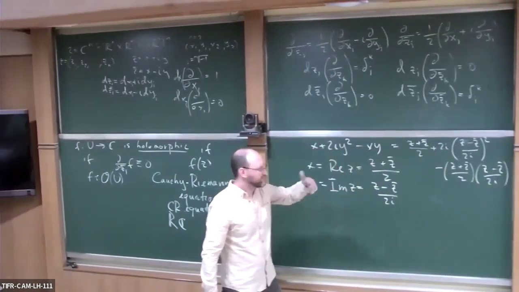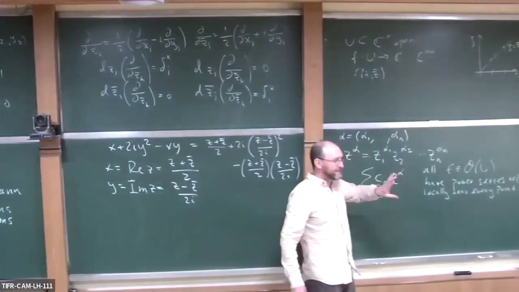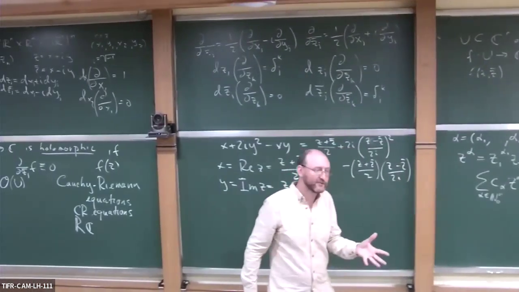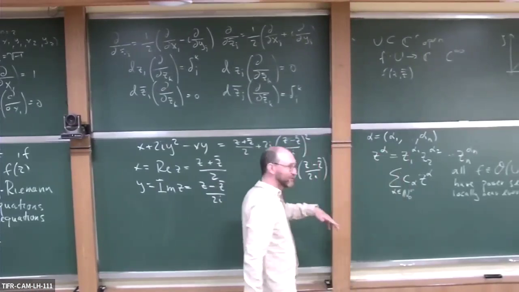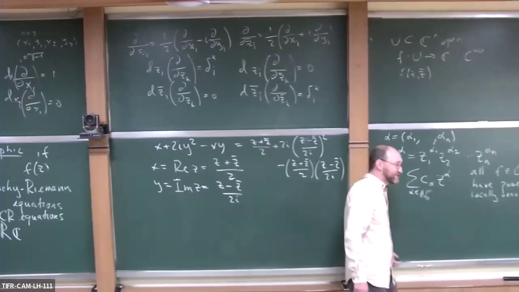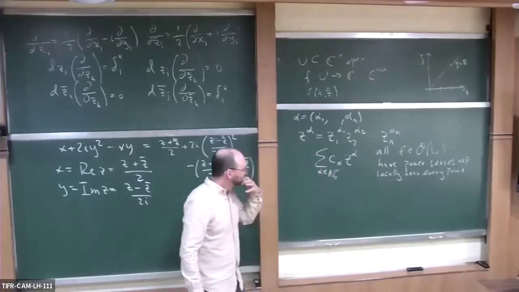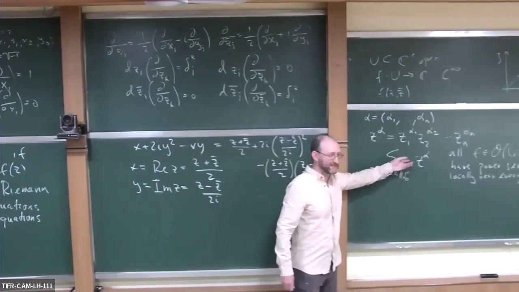Now, this is a special power series in X and Y, really, right? If we want to think of real analytic functions, then we want to think of power series in X and Y. Not every power series in X and Y can be written like this.